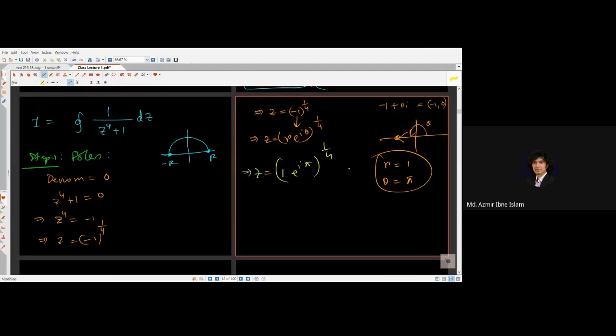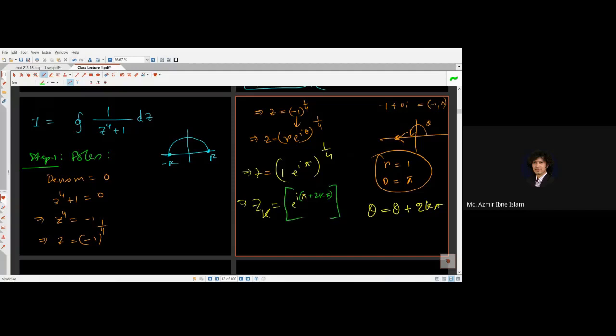So once we have done this part, then we have to use this formula, theta equal to theta plus 2k pi. So zk equal to 1 times e to the power i pi, that is the same. Where we have theta, that should be added with 2k pi, right?